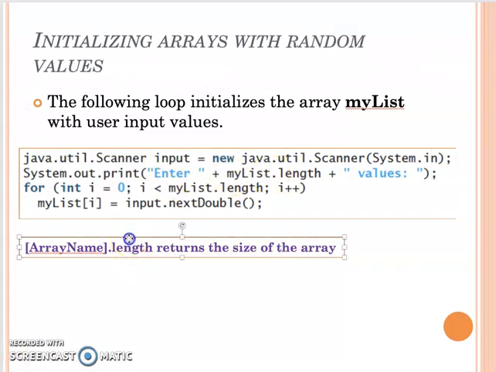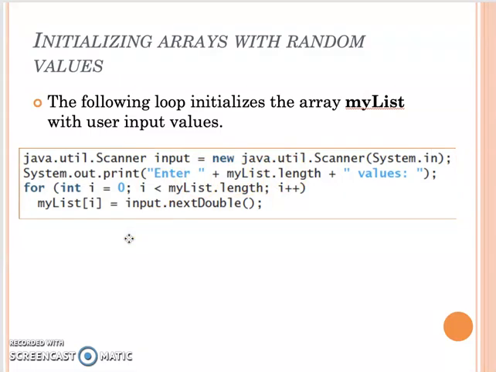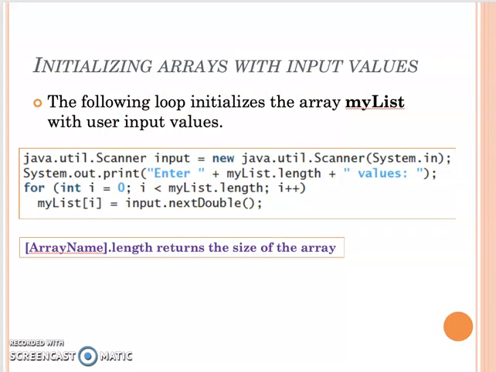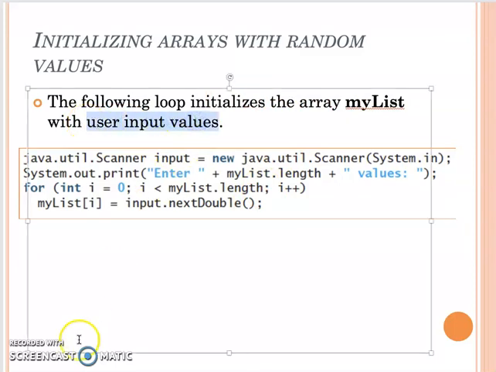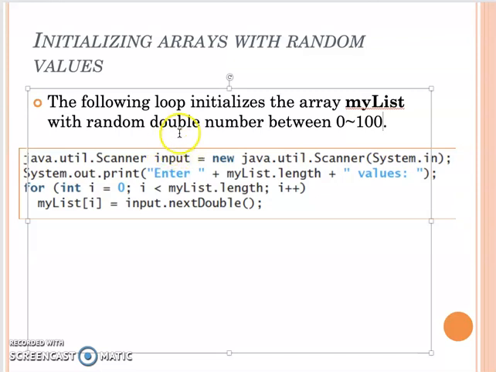Earlier we said you can initialize an array with user input. Now if I want to ask you how to update this for loop to initialize the array myList with random numbers between 0 and 100, how will you make that happen?